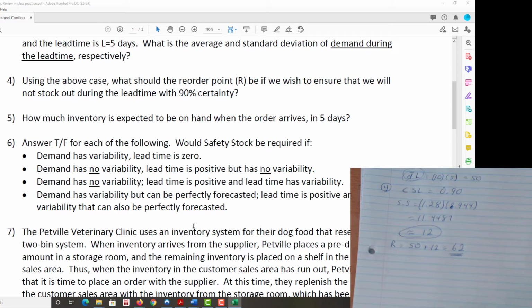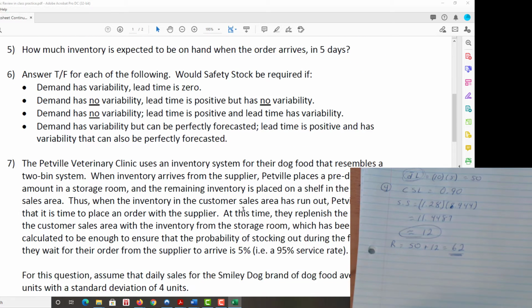Do we need safety stock? No, because if we can forecast what demand will be for the next 5 days perfectly, then there's no unforeseen bump up in demand for us to have to deal with. Right? So, pretty tricky. Some pretty good conceptual stuff in question number 6.